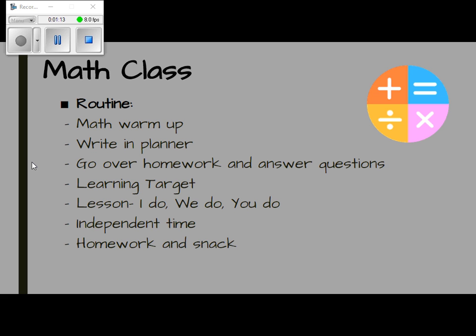Here's an overview of our math class routine. We always start with a warm-up, typically with whiteboards, challenging problems, some of the math box problems, anything just to get our minds warmed up. We'll always write in the planner so that you know what topic was covered that day. We'll go over the homework.